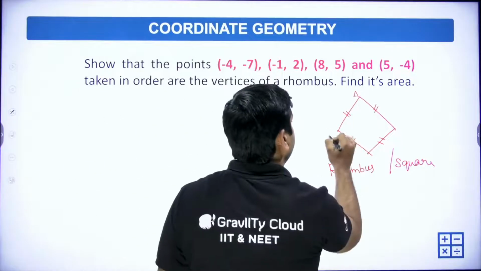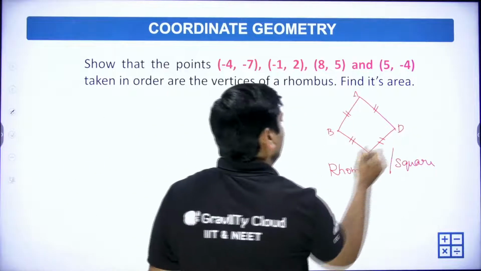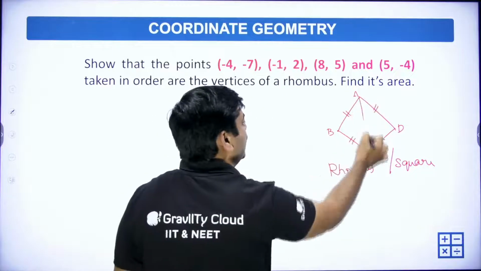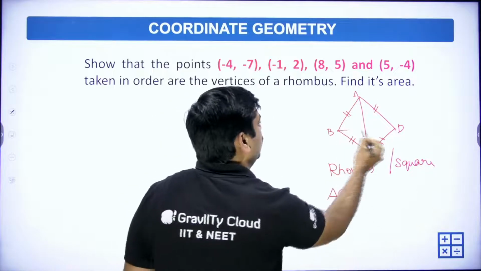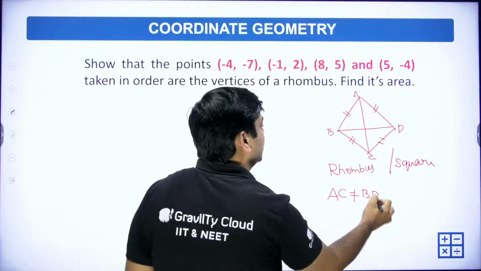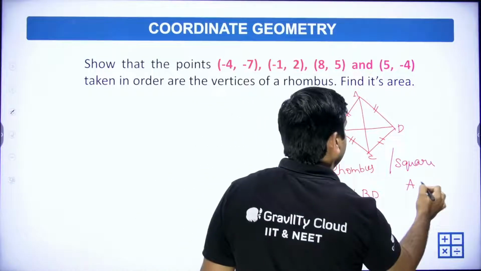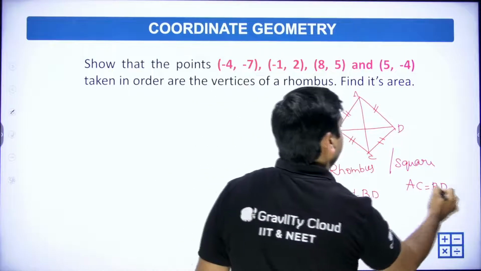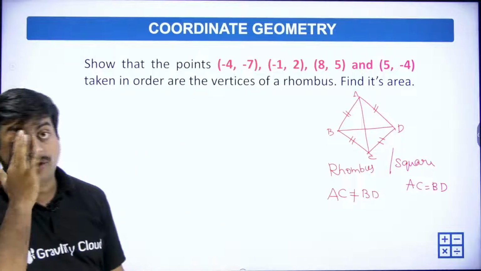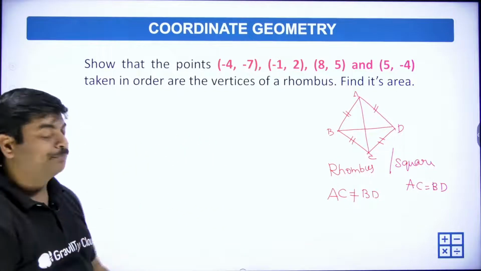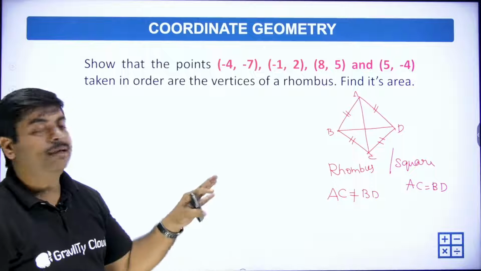This is A, B, C, D. In a rhombus, the diagonal AC is not equal to diagonal BD. But in a square, the diagonals are also equal. AC is equal to BD.